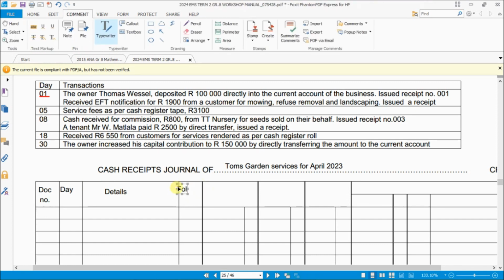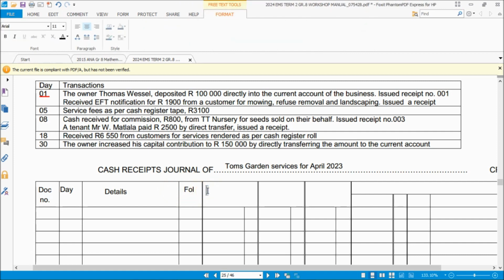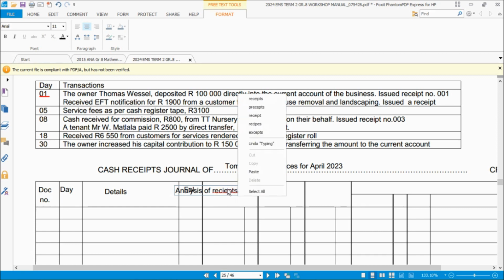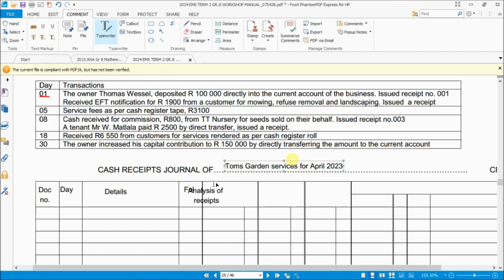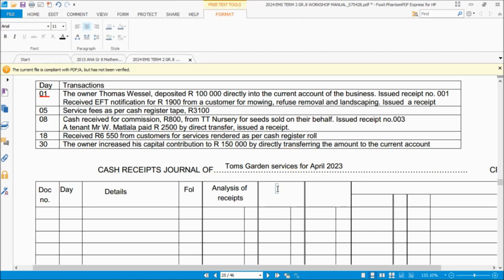This one you'll use when you're doing your general ledger. I'll look at it later on during the year. Then you've got your analysis of receipts. It's the E before the I. Let me just try and get some space there. Alright, analysis of receipts. I've got bank column here.